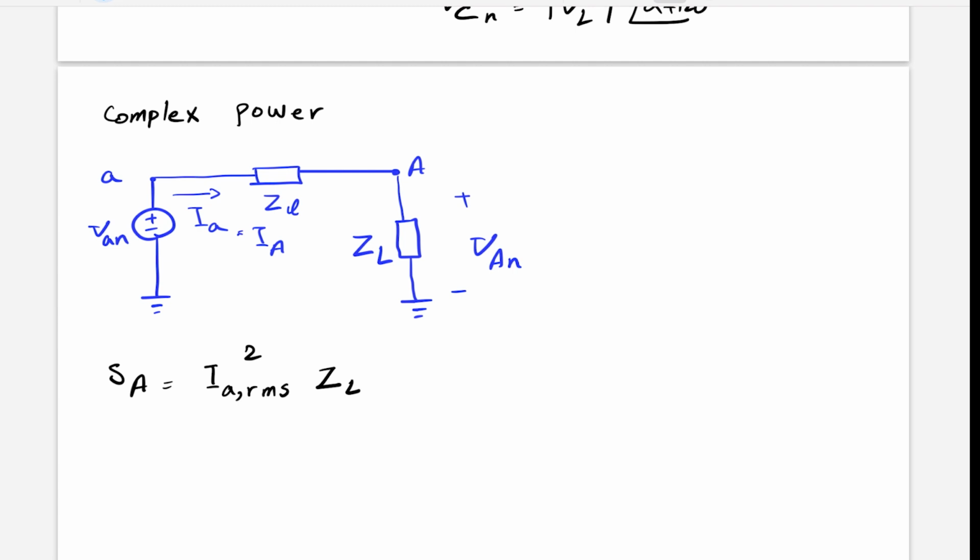So this is called per phase complex power. We're considering just one phase. We have 3 phases, right? So this is for one phase.